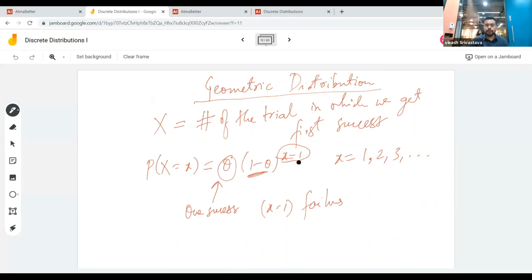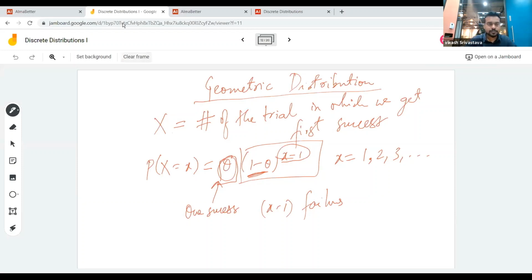So this term corresponds to all the x minus 1 failures, and this corresponds to the last success, or essentially the first success, because after that you're satisfied, as you have defined your random variable in that particular manner.